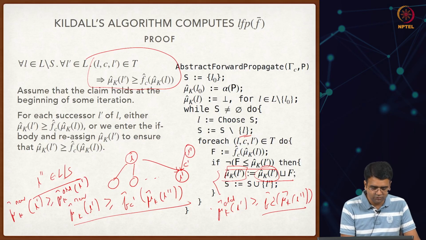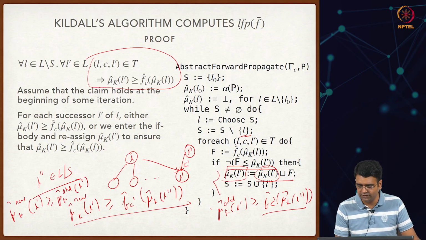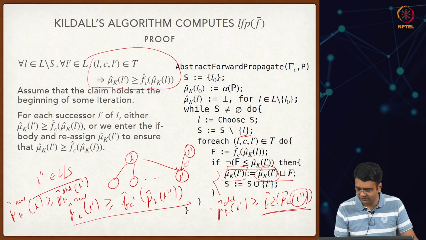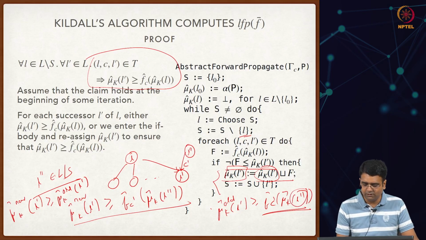And since this old value is greater than or equal to f at C of mu hat k of L double prime, and this itself is not changing, so L double prime is not changing, mu hat k at L double prime is not changing, therefore, the required result follows.